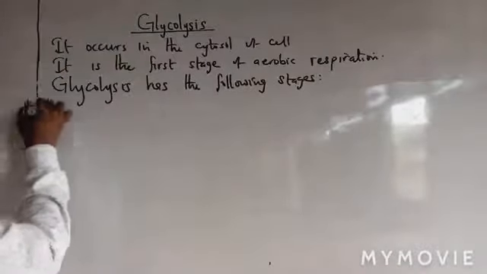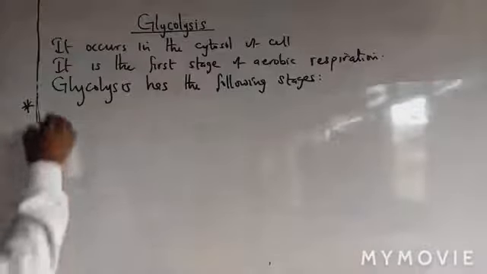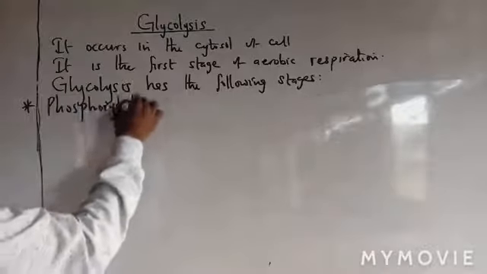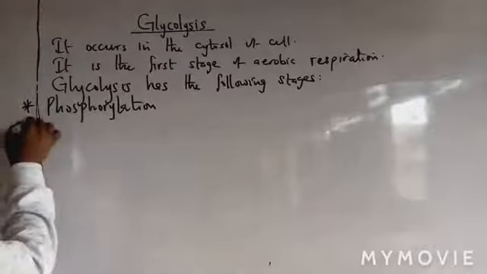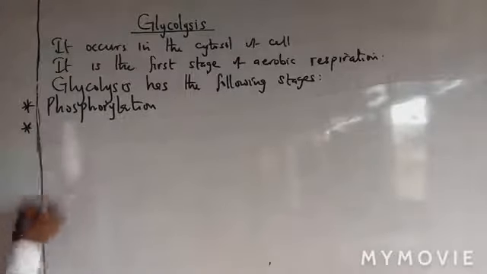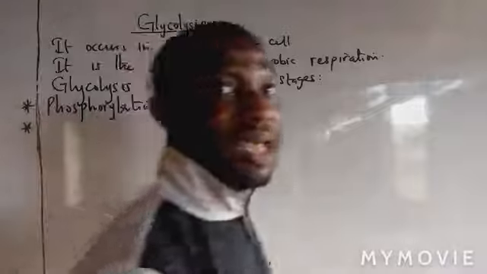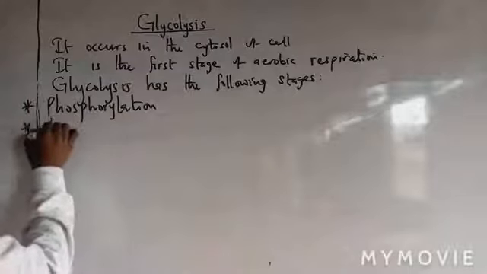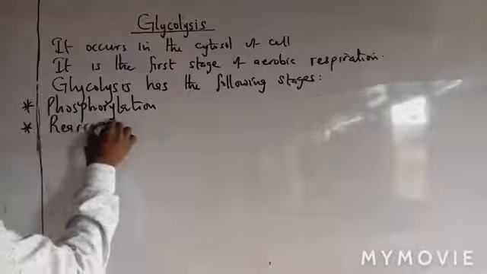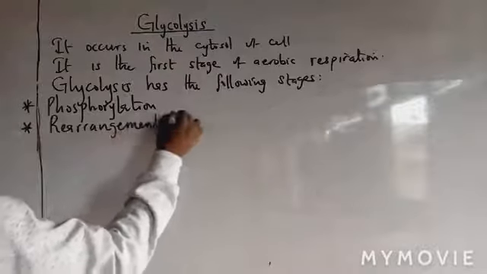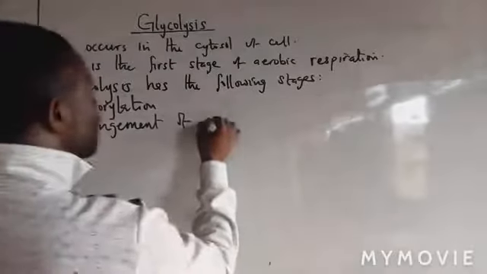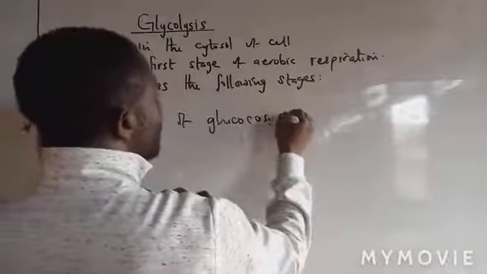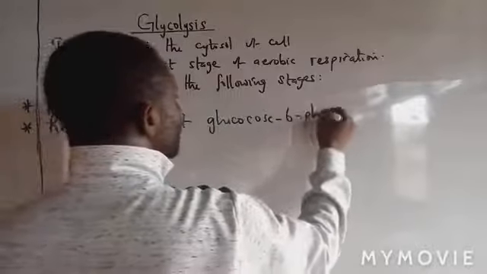Number one, phosphorylation. Number two, rearrangement of glucose 6 phosphates.